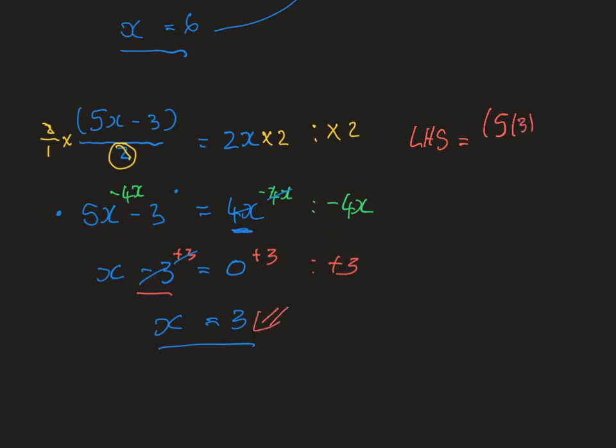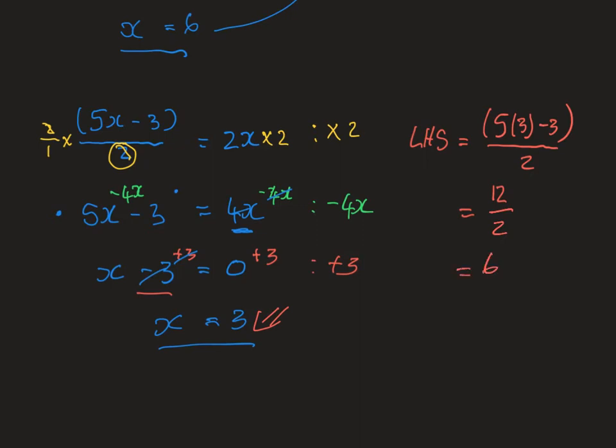So 5 times 3 minus 3, close bracket, divided by 2. 5 times 3 is 15, and 15 minus 3 is 12. So the numerator becomes 12, and that divided by 2 gives us a left-hand side of 6.